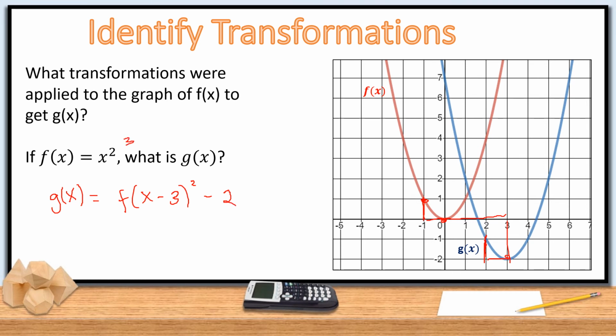Had this been x cubed, we'd replace the 2 with a 3. If it was an absolute value function, we'd use vertical bars instead of parentheses. It's almost the same process for every function, which is the nice thing. That's why we're talking about it in general terms first, and then we're going to go specific.